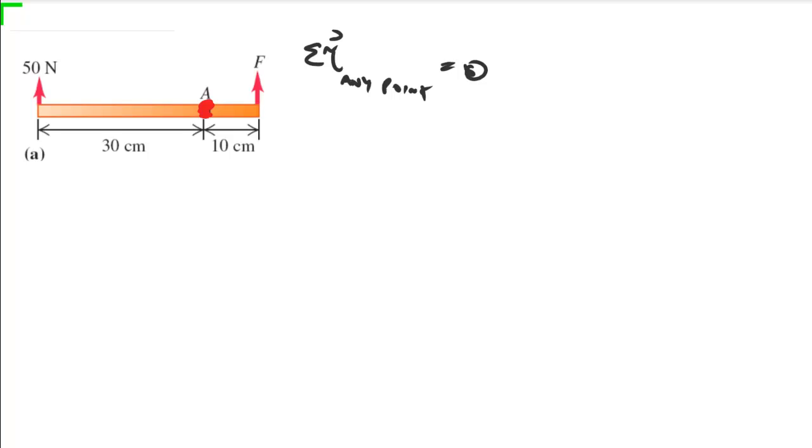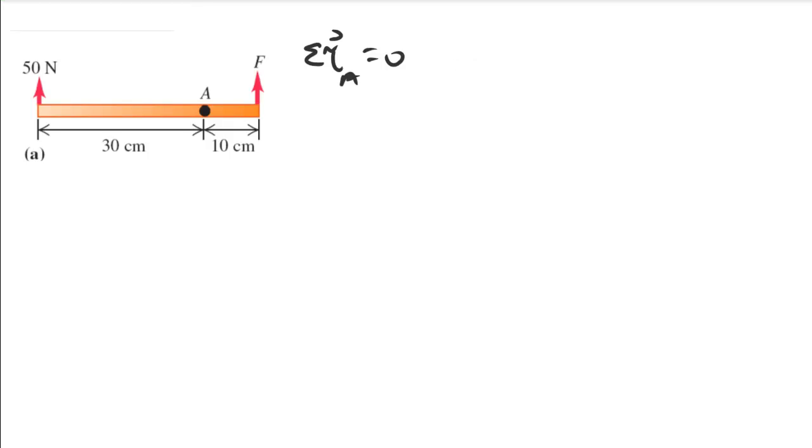We define the positive direction of this axis to be out of the screen and the negative direction to be into the screen. That's what relates to our positive and negative torques. So we're going to take the sum of the torques around point A equals 0.